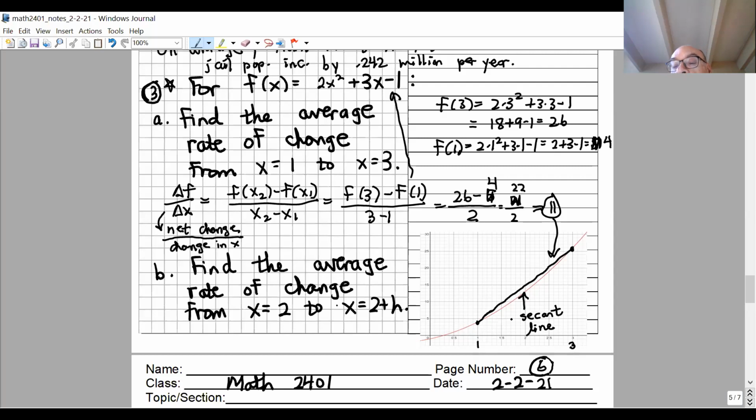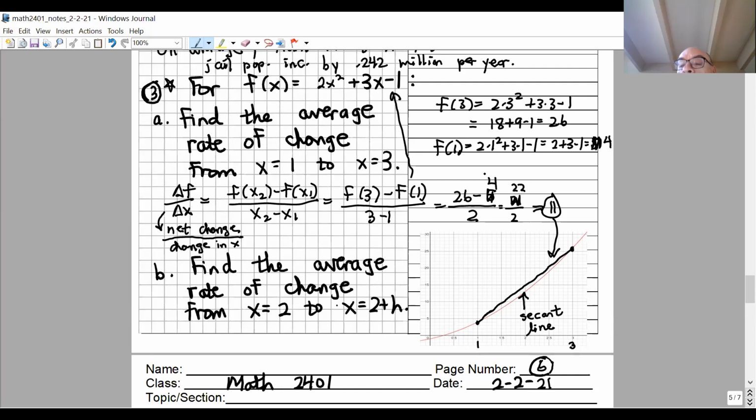So what we would say is on average, from x equal 1 to x equal 3, the outputs or the y values from this function are increasing by 11. They're changing by 11, but 11 is a positive number, so the y values are increasing by 11 when x increases by 1.